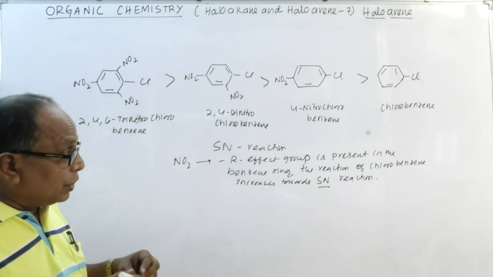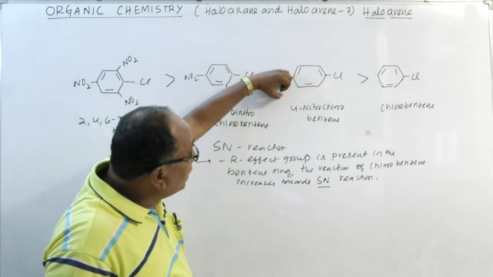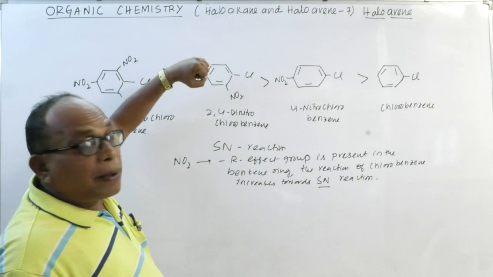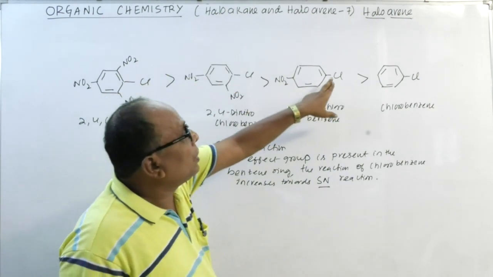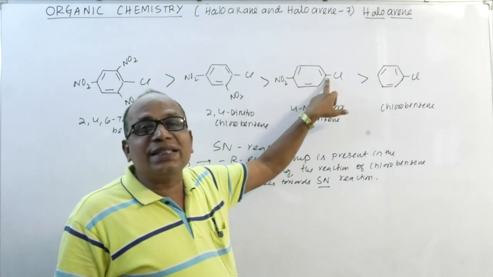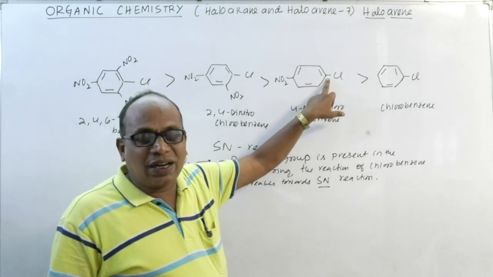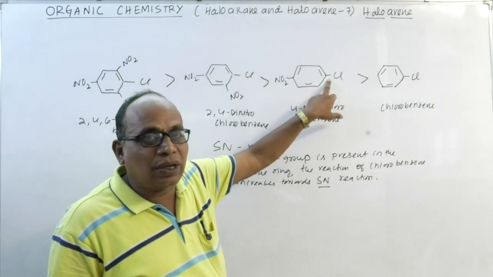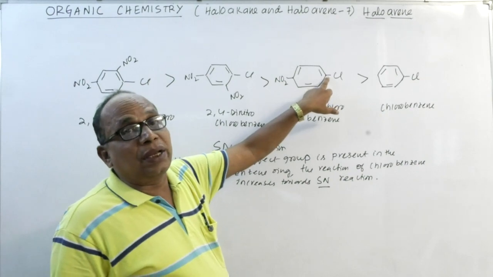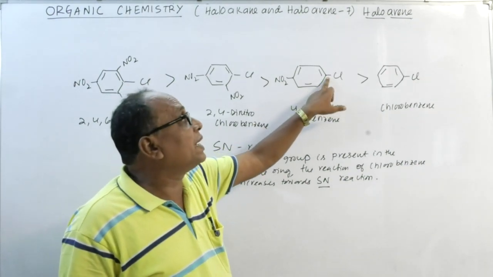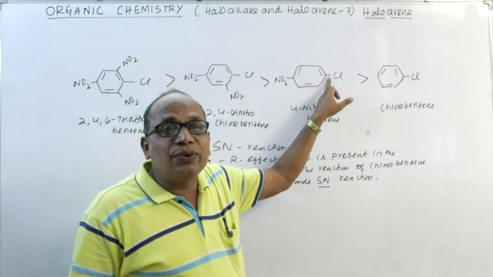Due to the presence of the nitro group, it withdraws the electron. When it withdraws the electron, this carbon atom becomes deficient in electron, and by resonance structure you can draw this. This means it can easily carry the positive charge.